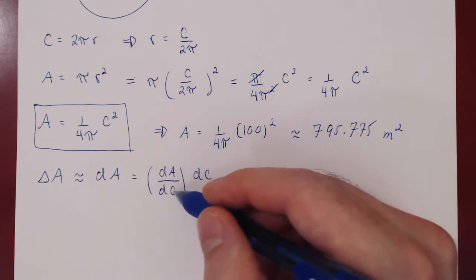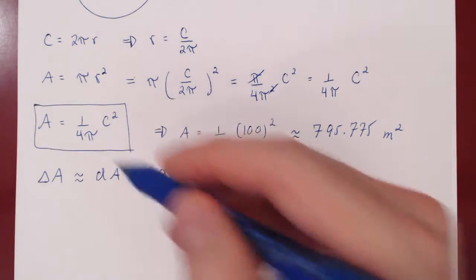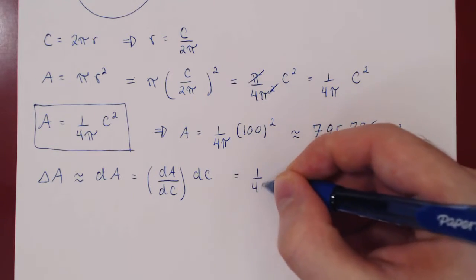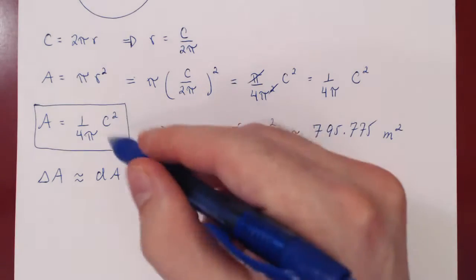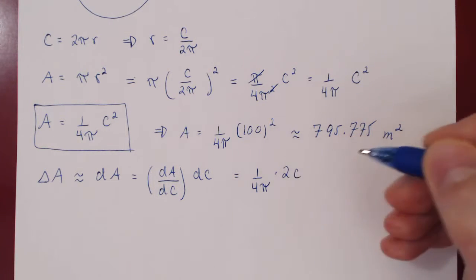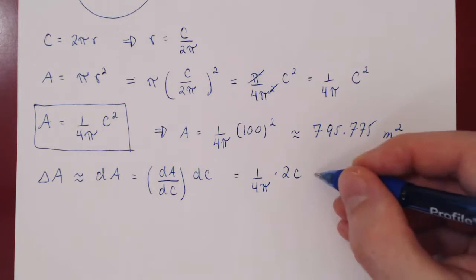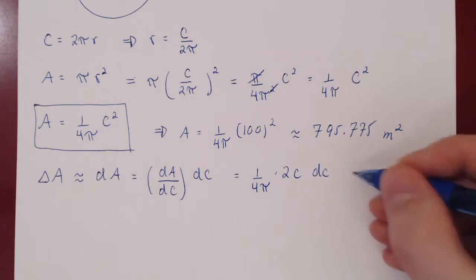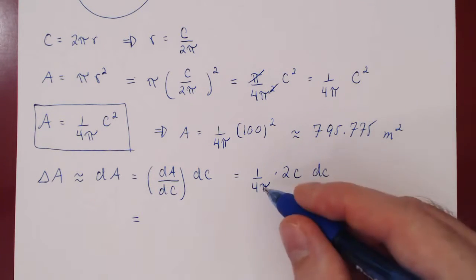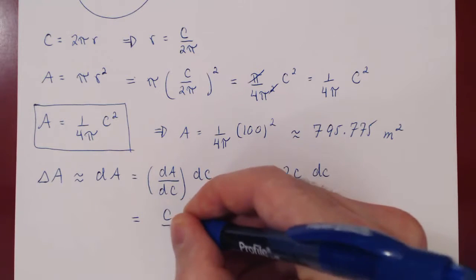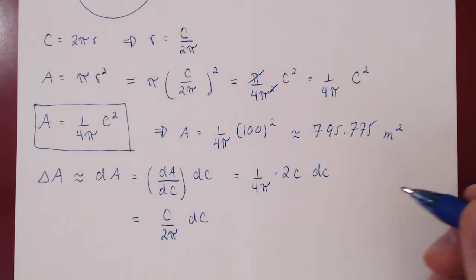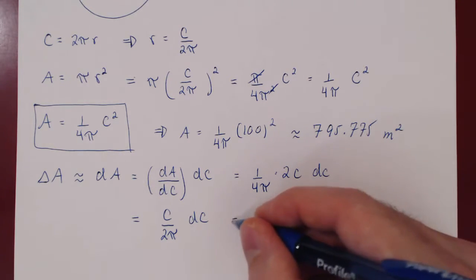Well, let's differentiate A with respect to C, as A is a function of C. The 1 over 4 pi stays there, it's a constant multiple, times the derivative of C squared with respect to C, that's just 2C, and times the differential dC, the change in C. We can simplify a little bit, because 2 over 4 is just 1/2, so we have C over 2 pi times the differential dC, and now we can evaluate, right?